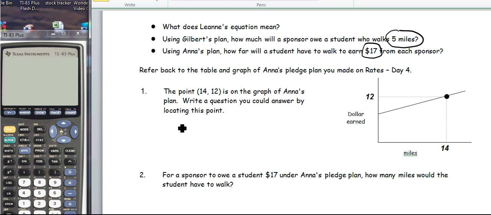So if we have the point (14, 12), 14 is the x value, so it is independent. Notice our independent variable is right here. That means if we walk 14 miles, we make $12. See? If we walk 14 miles, we make $12.